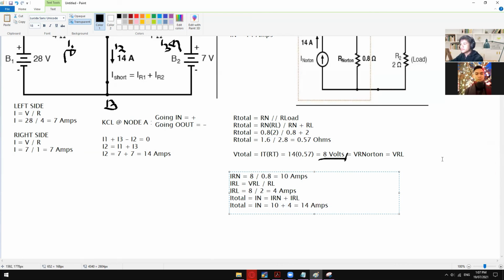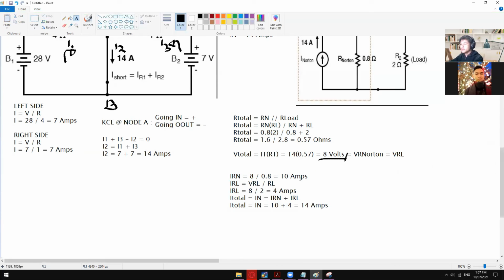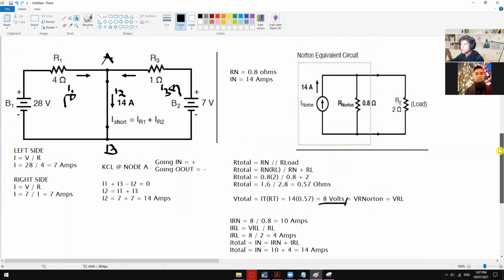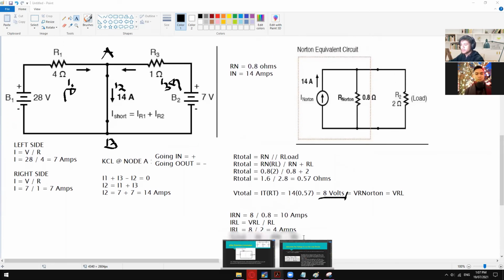So there you go. We now have the voltage across, which is 8 volts, and then the current across R Norton is 10 amps, and then the current across R load is 4 amps. Okay, so I hope you guys were able to follow.